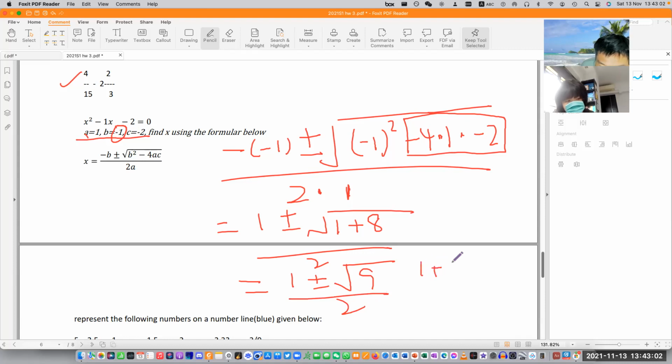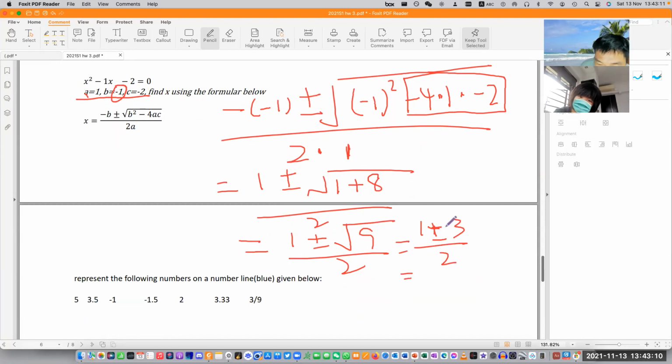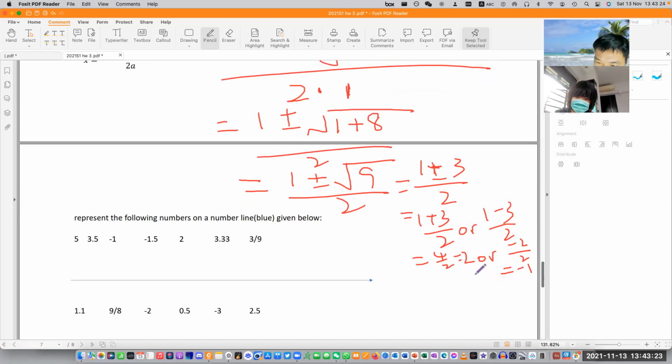The square root of 9 equals 3, so it's 1 plus minus 3 over 2. So you get 1 plus 3 over 2 or 1 minus 3 over 2. So you get 4 divided by 2 equals 2, or minus 2 divided by 2 is minus 1. So the two answers are 2 and minus 1.